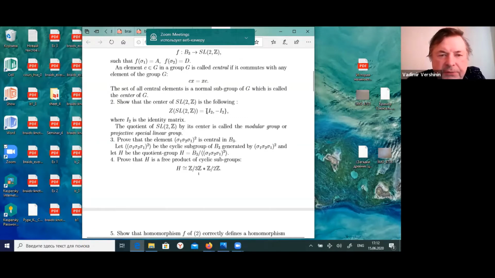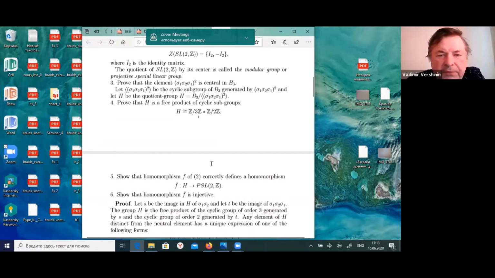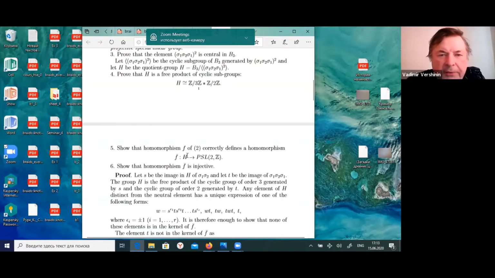It is not difficult to prove that the unit element and the minus unit element generate the center of the matrix group, and the quotient is called the special modular group or projective modular group. So this is this group, and H we consider as the quotient of our braid group by the center.